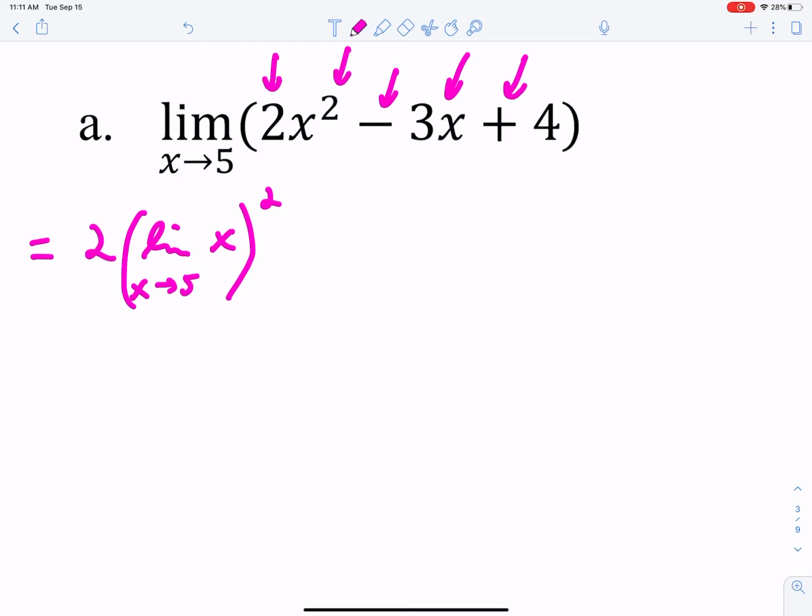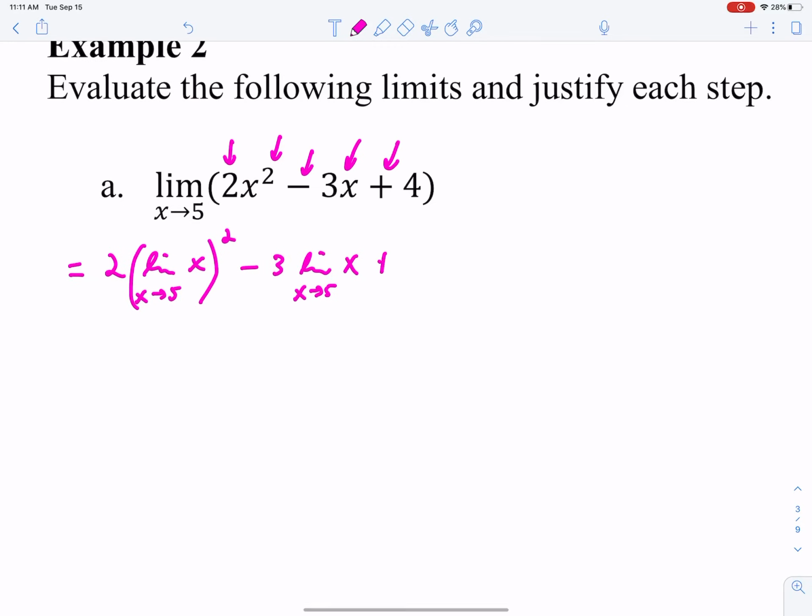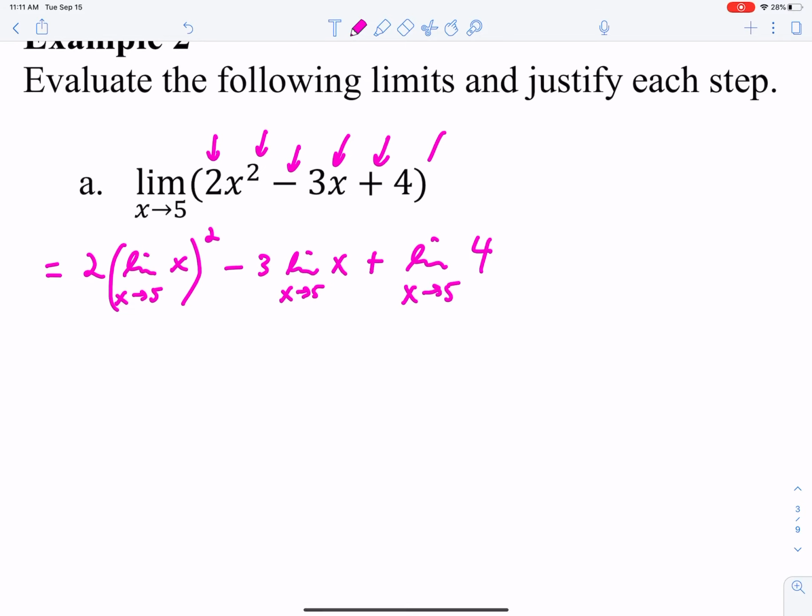Minus 3 times the limit as x approaches 5 of the function x plus the limit as x approaches 5 of the constant function 4. Oh yeah, so constant rule there.